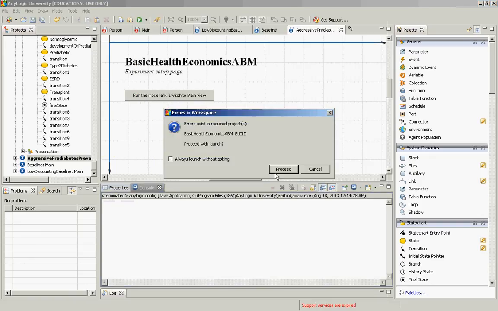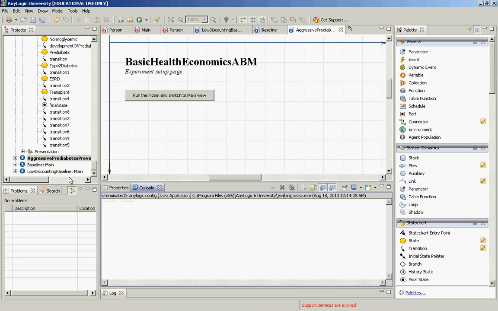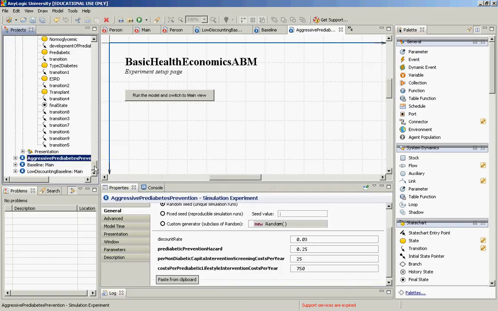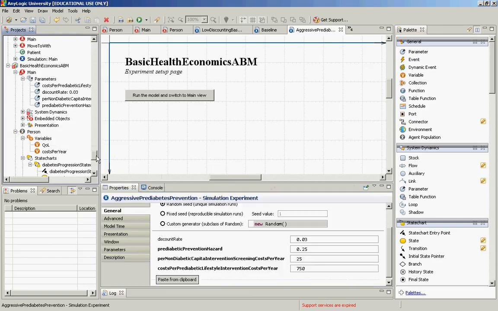Now this is complaining, so there's something that's troubling it. Let's go see what it is. So it's actually not giving us any message down here, but it's sure showing an error message associated with something.